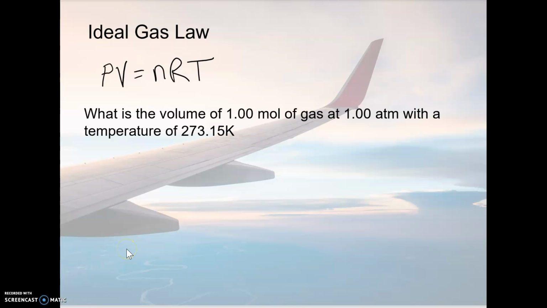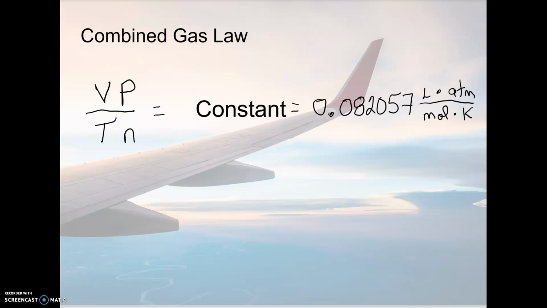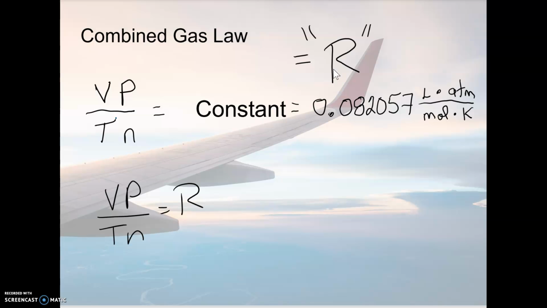Now, the ideal gas law is really what we just saw on the previous slide, and it's just rearranged. If we jump back quick, we can see how. We take that PV, our constant is R, so we've got V times P over T times N equals R, that's the constant, the 0.082057.